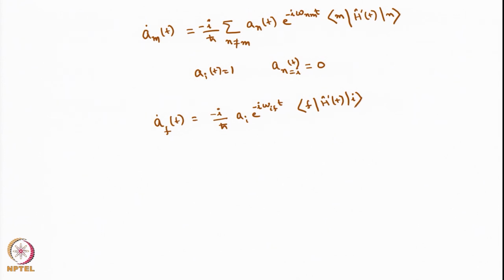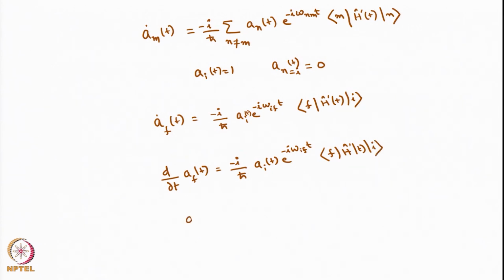Okay, so that's what it is. Now this is nothing but d by dt of a_f of t is equal to minus i by h bar a_i of t rather, e to the power of minus i omega_if t <f|H'|i>.